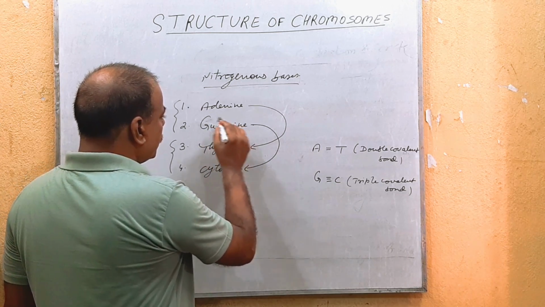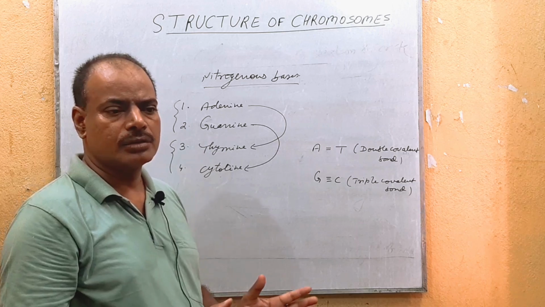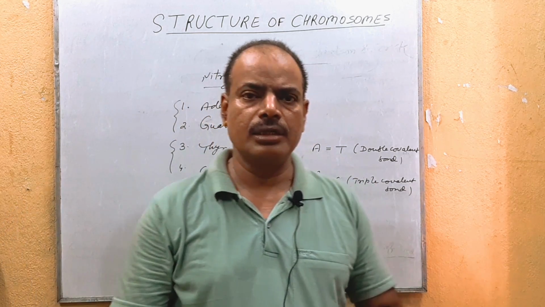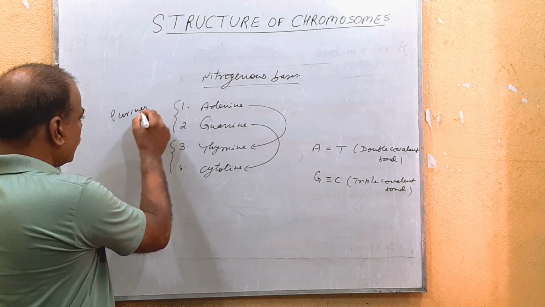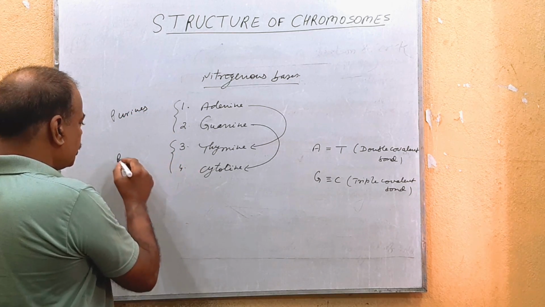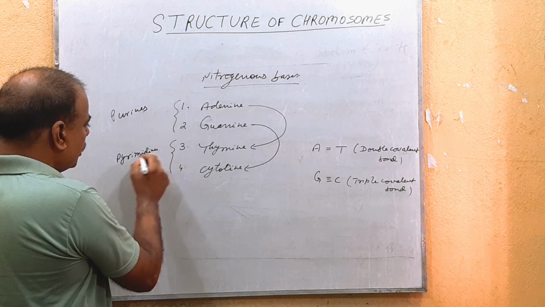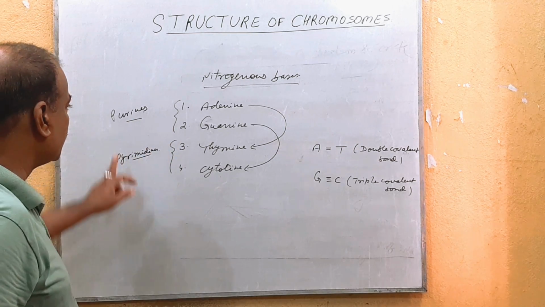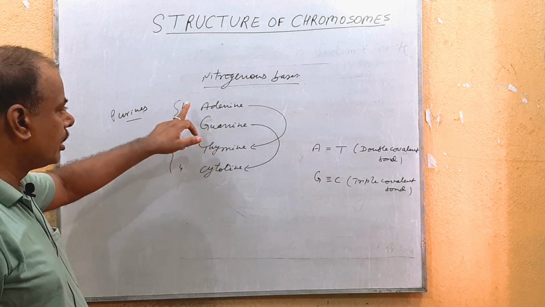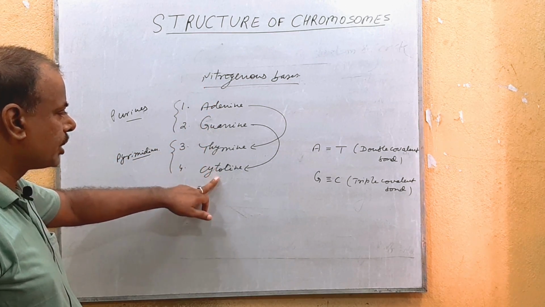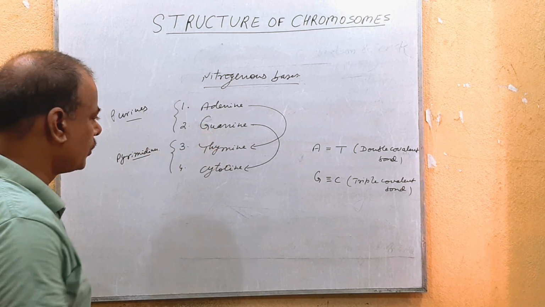In this way, adenine and guanine are called purines, and thymine and cytosine are called pyrimidines. So these are the 2 major categories of nitrogenous bases. In DNA, adenine, guanine, thymine and cytosine are the 4 nitrogenous bases found.